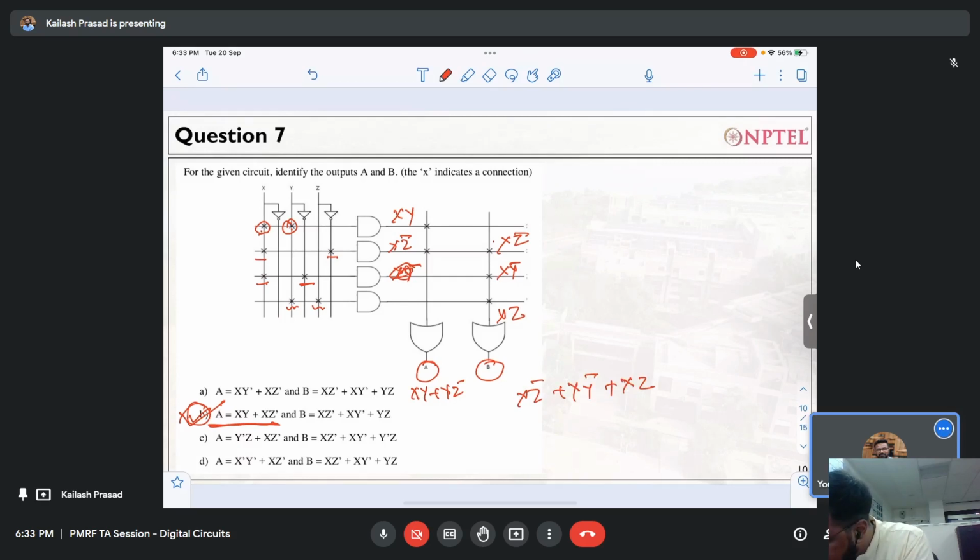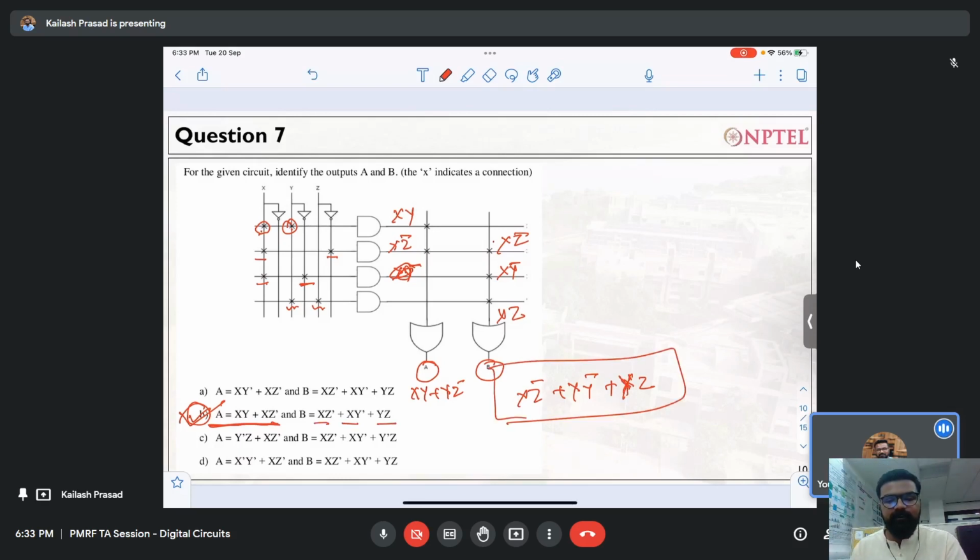So X Z bar plus X Y bar plus YZ. So this is the correct answer, B. Everybody understood this? Everyone? Yes, sir. Okay, thank you.